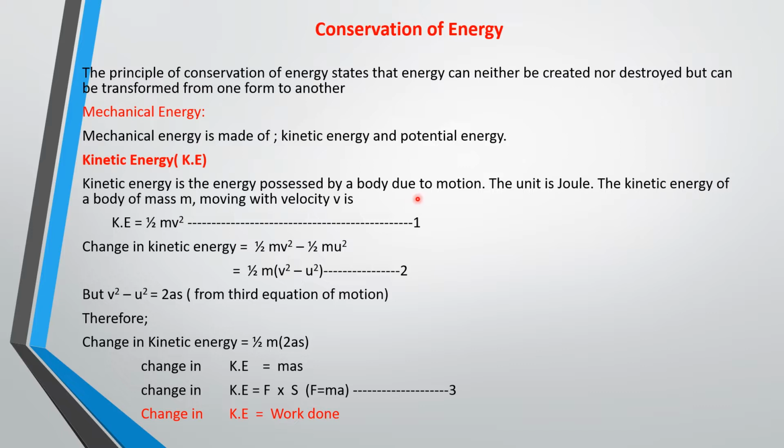So for kinetic energy, for an object that has a mass m moving with velocity v, the kinetic energy is given by half mv squared. That is half the product of the mass times the square of the velocity.